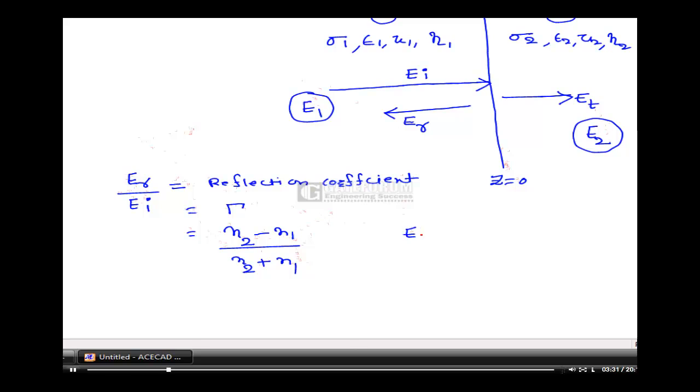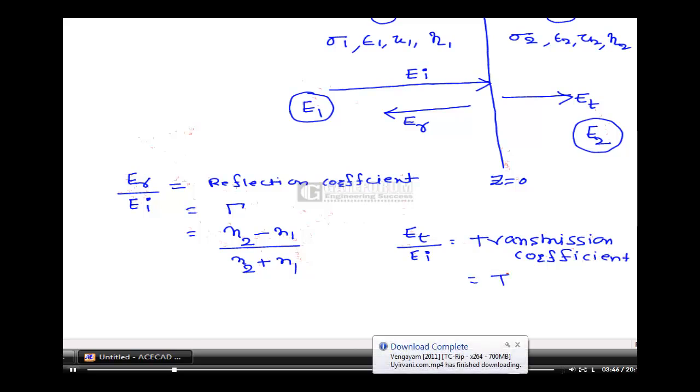Similarly, ET by EI, which is known as the transmission coefficient, indicated with T, is given by 2 eta 2 by eta 1 plus eta 2. Similarly, the H field also we can relate.